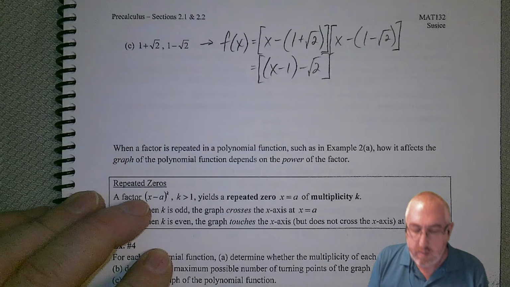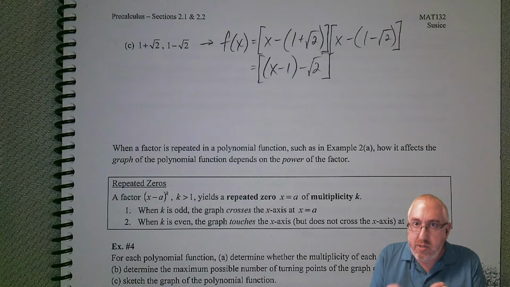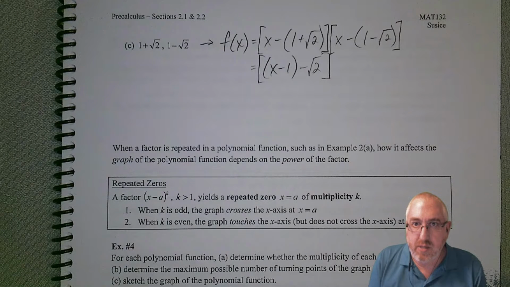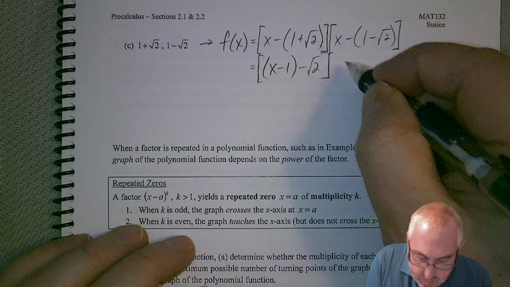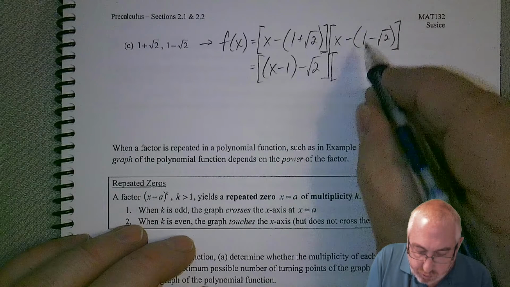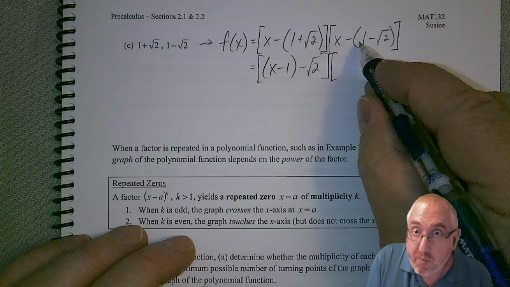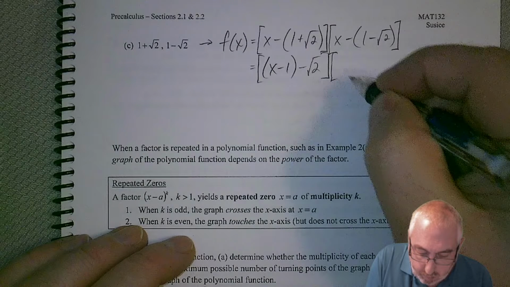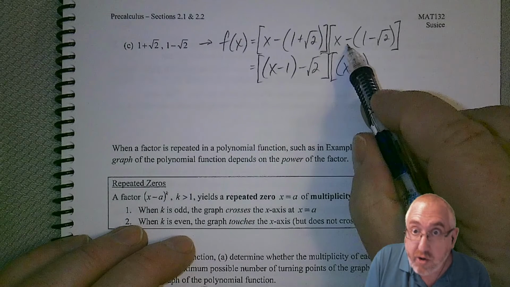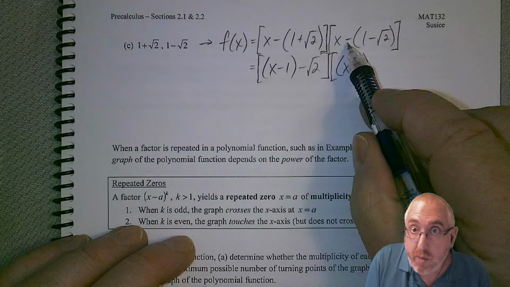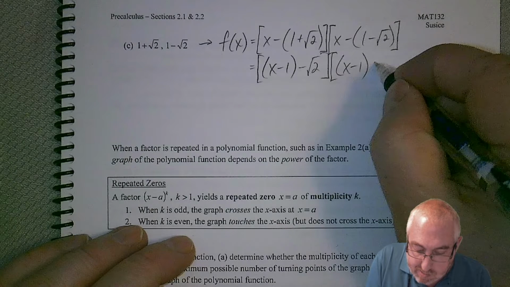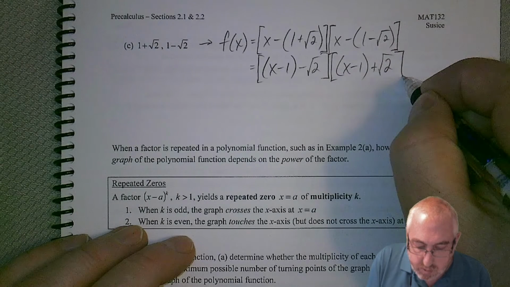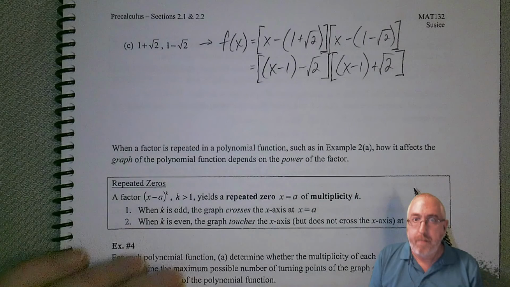So not much change, just a distribute and a reallocation of my parentheses. I'll do the same thing on this one. So I'll distribute, which gives me a minus 1, and I'll group together the x minus 1. And then when I distribute the negative onto the second one, now it becomes a plus square root of 2. So they kind of just reversed roles.